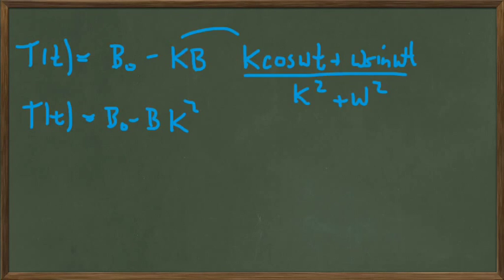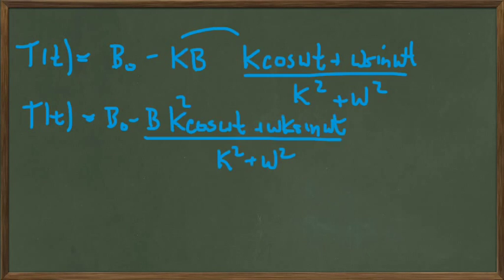So now let's bring this k across, so we get T of t equals b0 minus b, and then what, k squared cosine omega t plus omega k sine omega t, right, because we're bringing this k across here and here, and we get this.